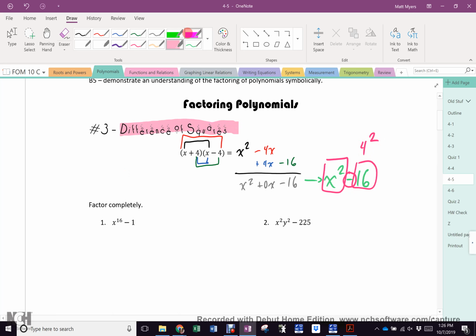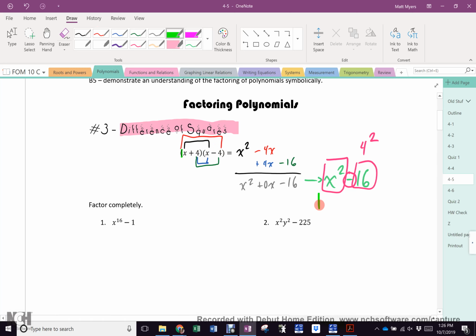Now you also should see the shortcut immediately, which I have shown you in the past already. X squared becomes x times x. 16 becomes 4 times 4. What is the shortcut quick pattern that we can use here? Perfect square. I take the square root of the first one.